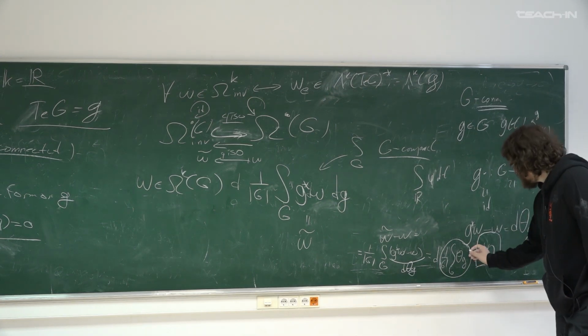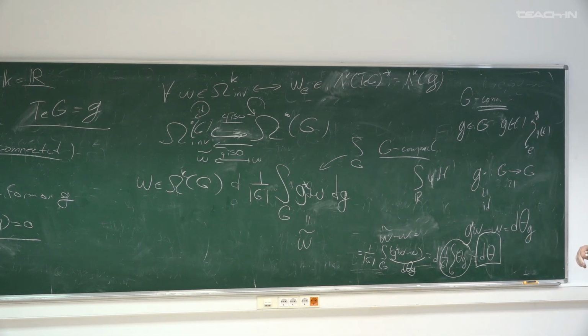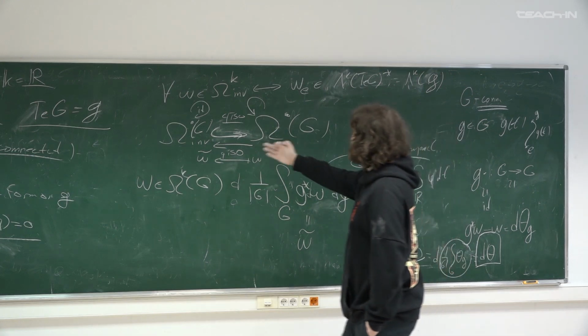It's smooth in these variables. It only needs to be integrable. Okay, so we obtain that it's the same class, and so this is a quasi-isomorphism.